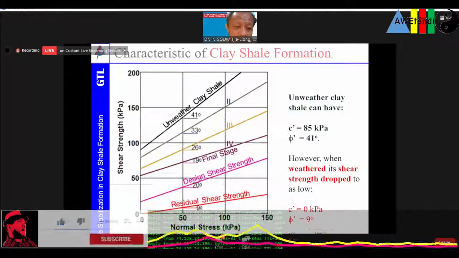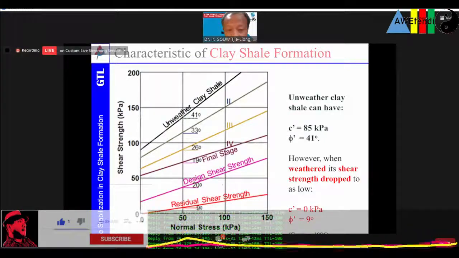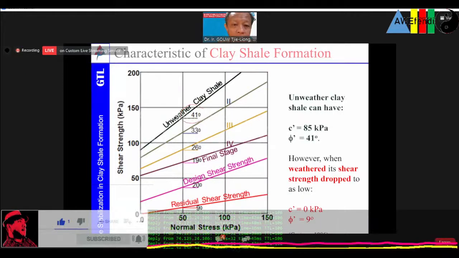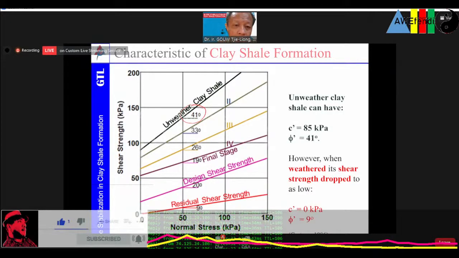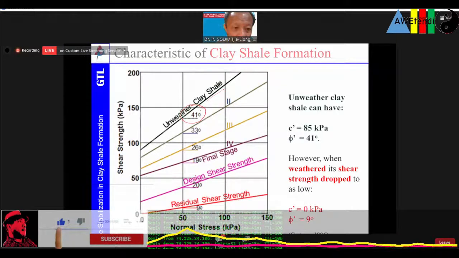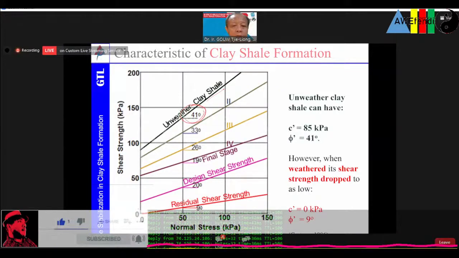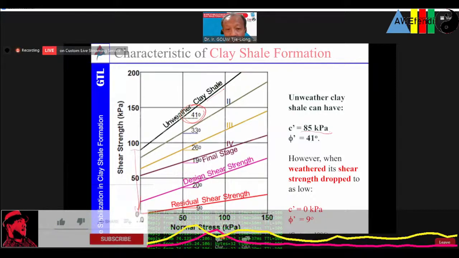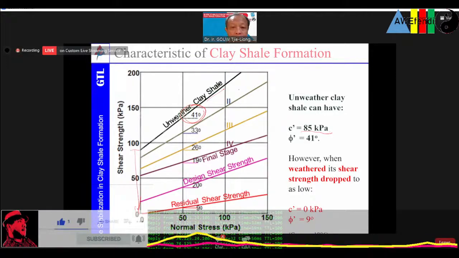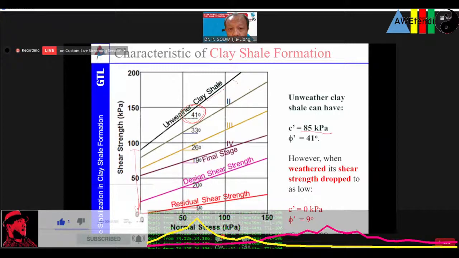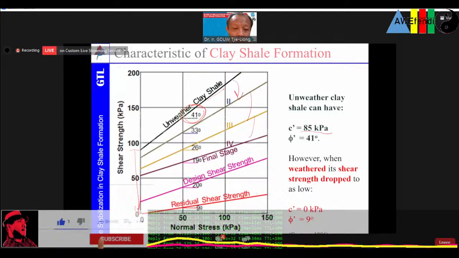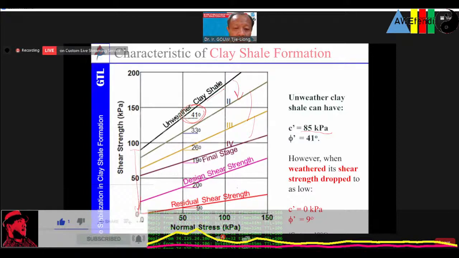This is the research by Gartung in 1986. Gartung tested the unweathered clay shale, and he got a 41 degree angle of internal friction and a cohesion as high as 85 kPa. However, when weathered, its shear strength drops. Through weathering grade 2, grade 3, grade 4, the final stage, and even after prolonged exposure, the residual strength becomes only 9 degrees.